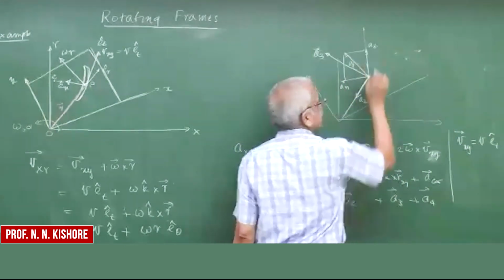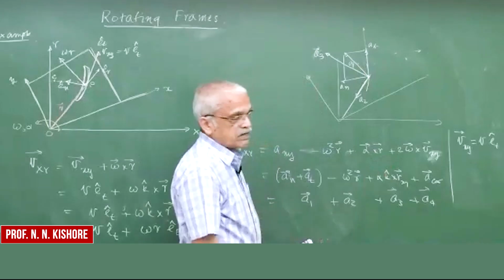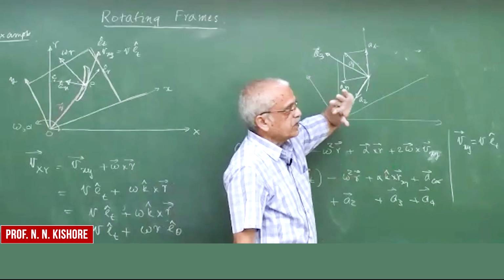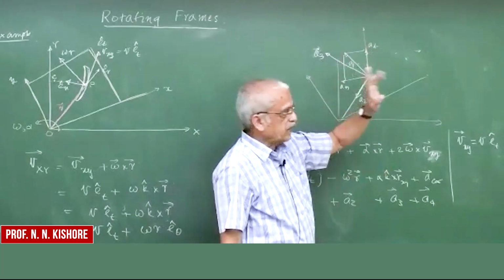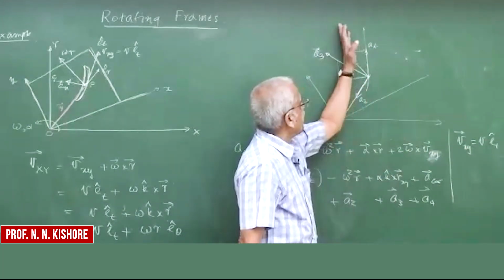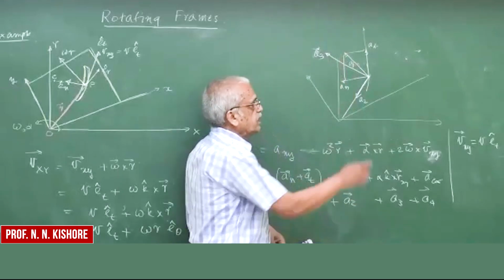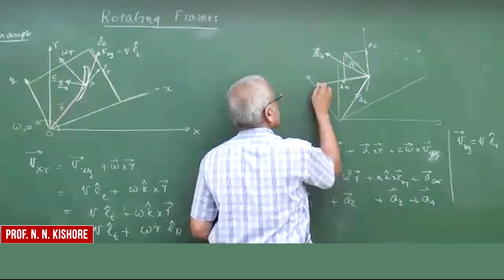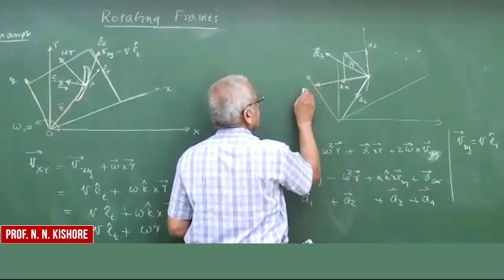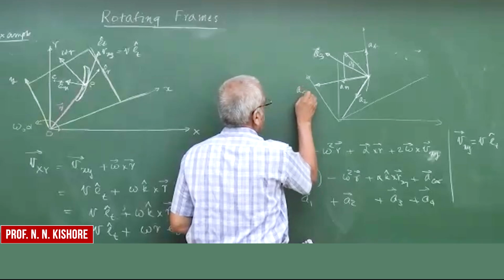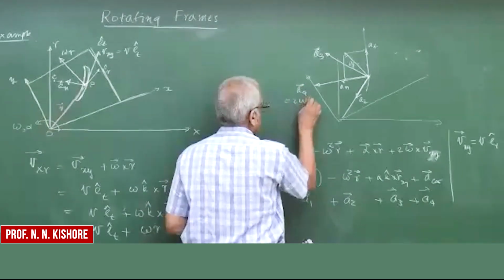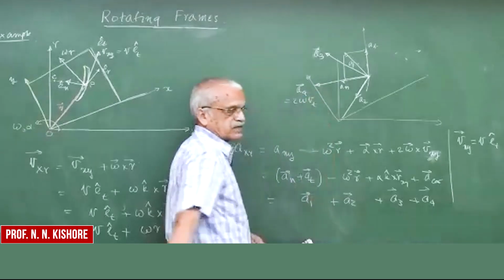Then you take a cross product with omega, so it will be perpendicular to this one. So it's actually like this. This is a4. Its magnitude is 2 omega times the tangential velocity.